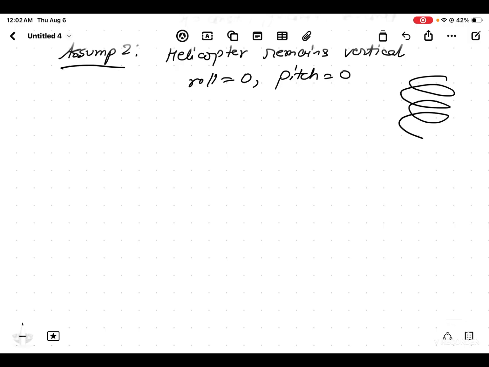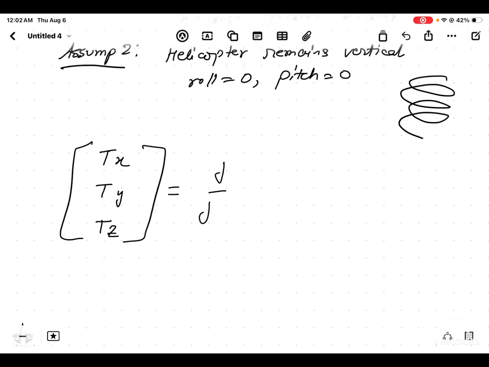So the equation of torque we wrote, torque about x, y, z. If we do a matrix formulation, it will look like this.